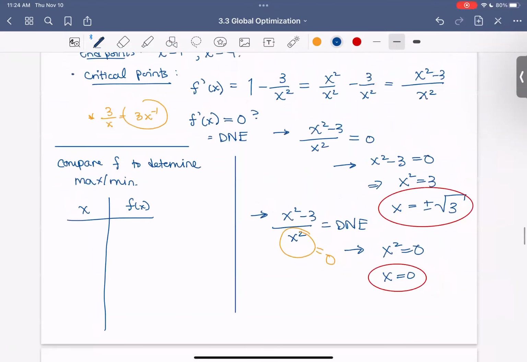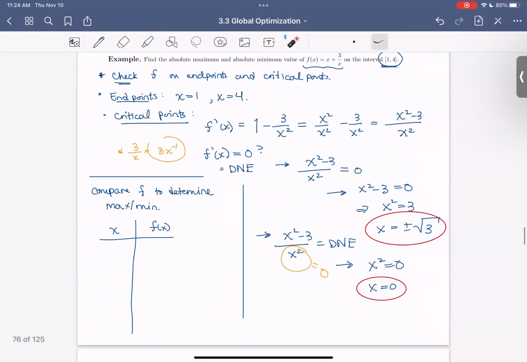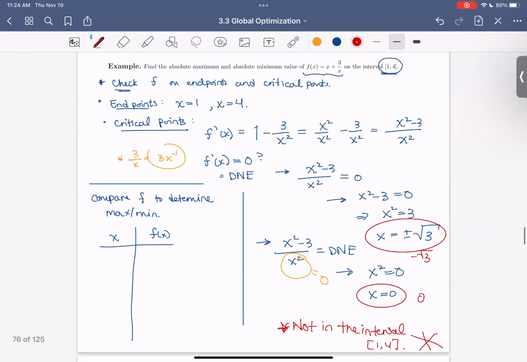If we gather our values here, we have our two endpoints, 1 and 4. Then we have square root of 3, negative square root of 3, and 0. Let's notice that negative root 3 and 0 are not in the interval from 1 to 4. So we don't need to check them, because we only want to know about the absolute max and min on this interval from 1 to 4.